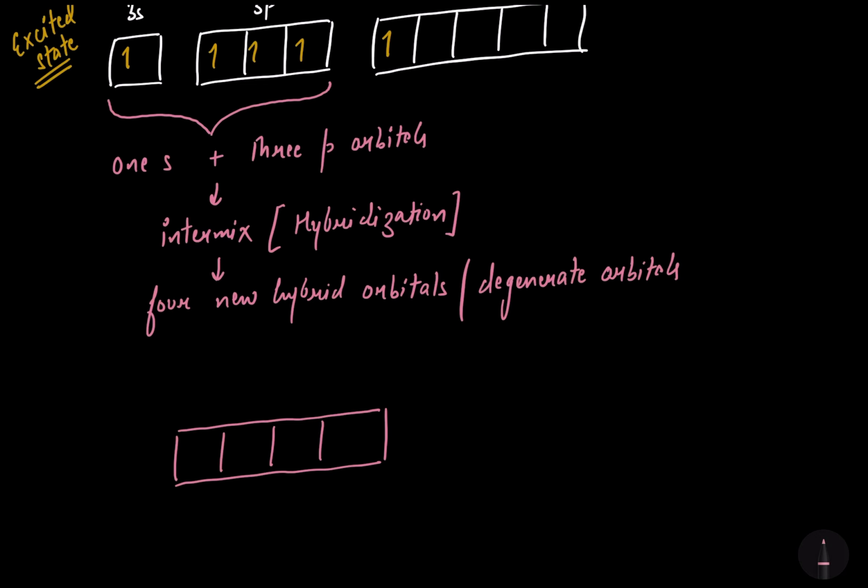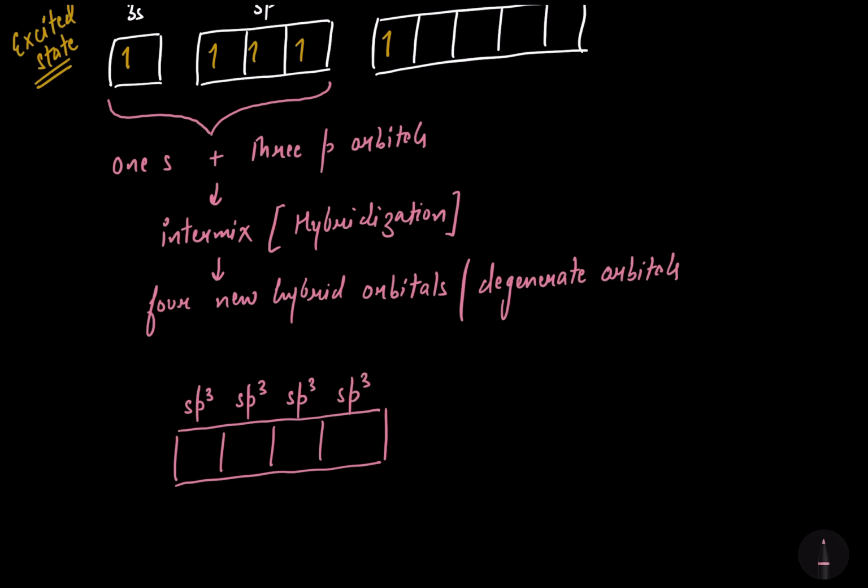Now, what will be the name of these hybrid orbitals? Now 1s and 3p are mixing. That means the name of the first hybrid orbital will be sp3, because 1s and 3p have intermixed to form this new hybrid orbital. So the name of the other 3 hybrid orbitals will also be sp3. The third hybrid orbital will be sp3, and the fourth will be again sp3.